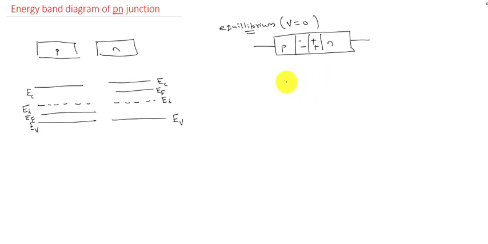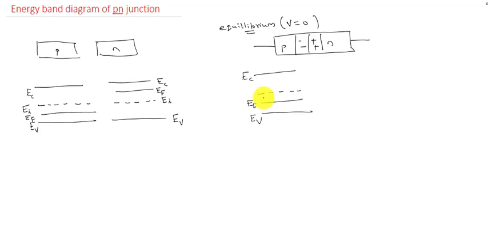First draw the EC, and draw the Fermi level of the P-type. I am not changing the P-type. So EC, EV, I am redrawing EC, EV, EI, EF again for the P-type semiconductor, and this is EF.